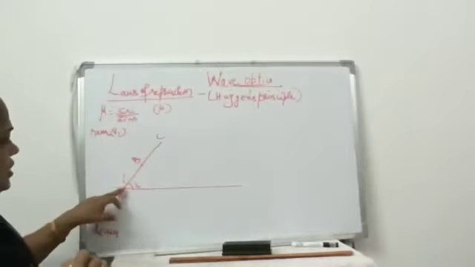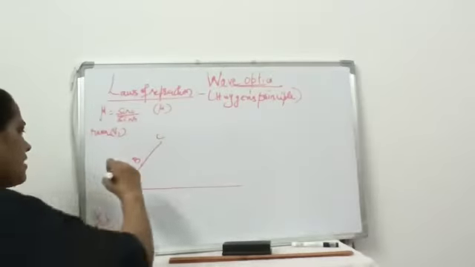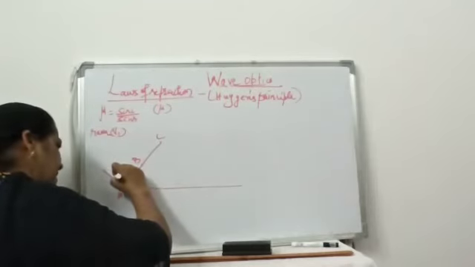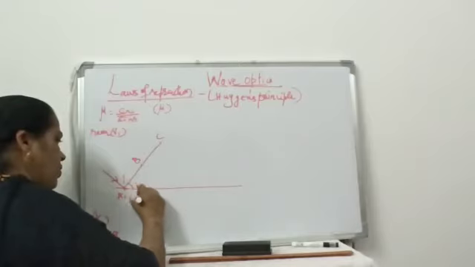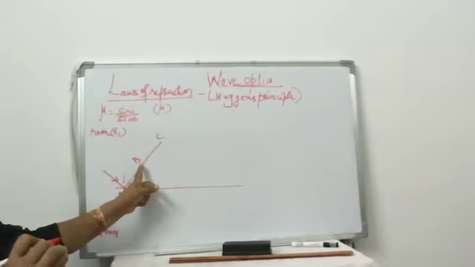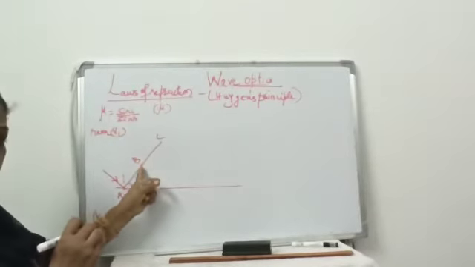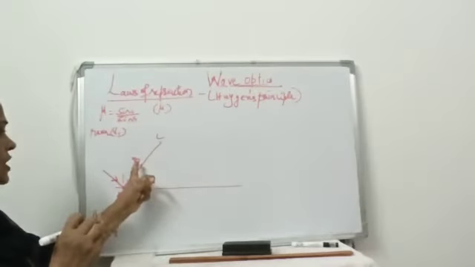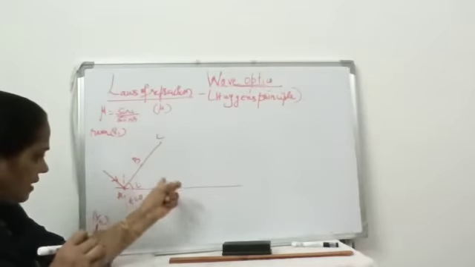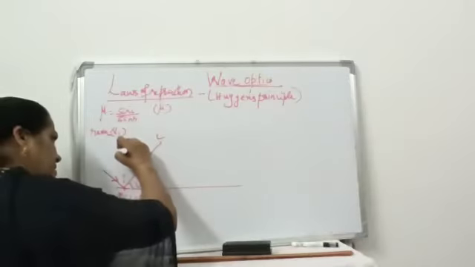The first point of the wavefront to reach the refracting surface is A, at time t equal to 0. After some time, the secondary wavelet from the point B reaches this refracting surface.